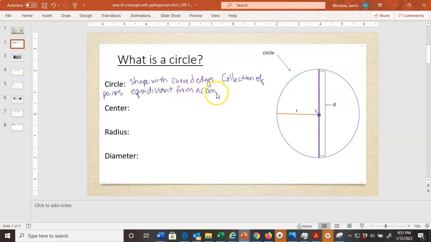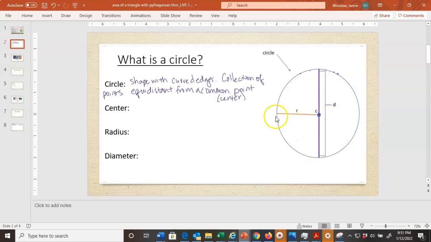And all the time, we call the common point the center. You see, here C is the center, and it's a collection of all these points all around the edge that are all the same distance away from C, everywhere you go.